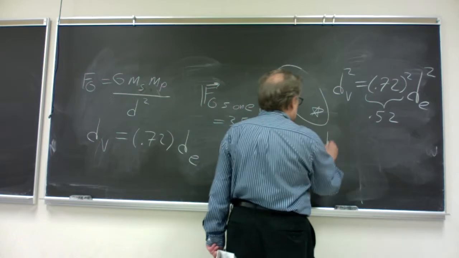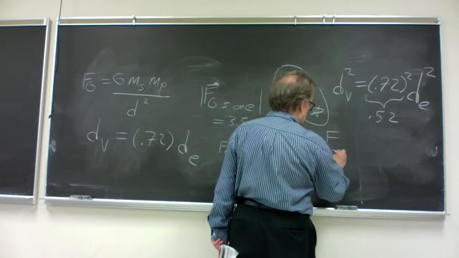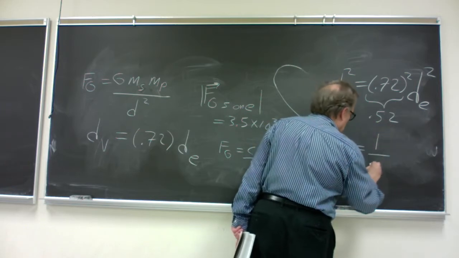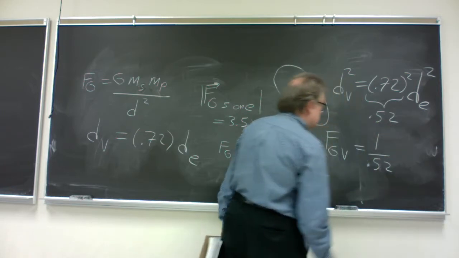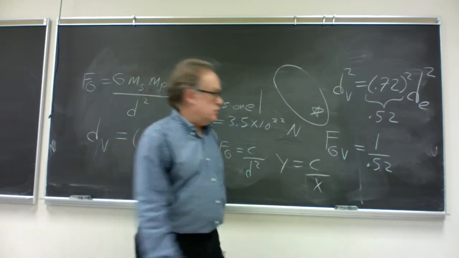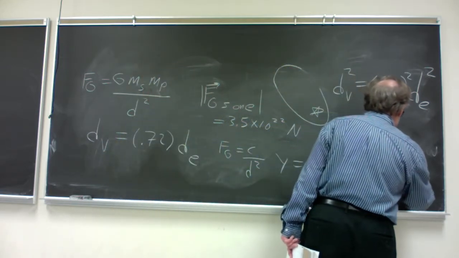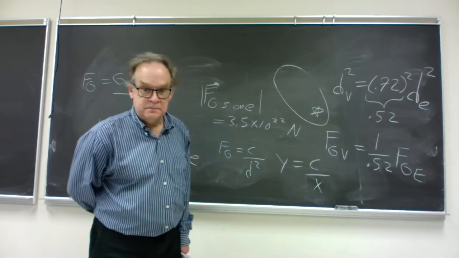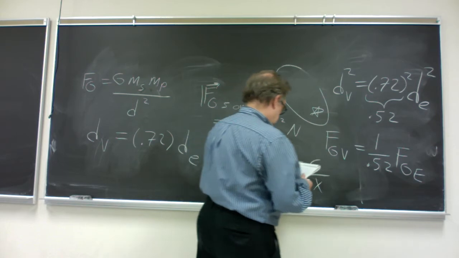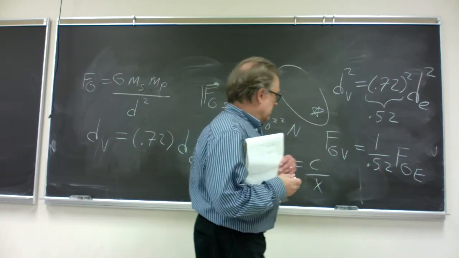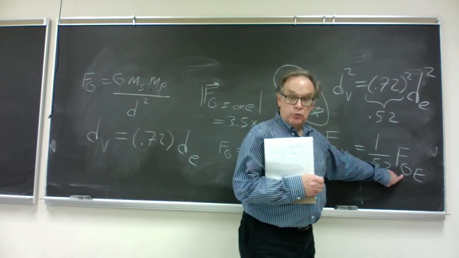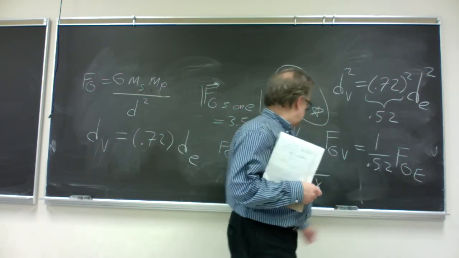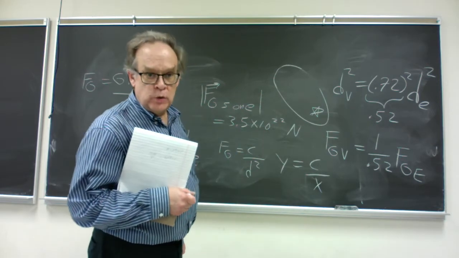So the magnitude of the gravitational force felt by Venus is 1 over the factor, the inverse of the factor, times the gravitational force felt by Earth. And we said that this was about 3.5 times 10 to the 22.